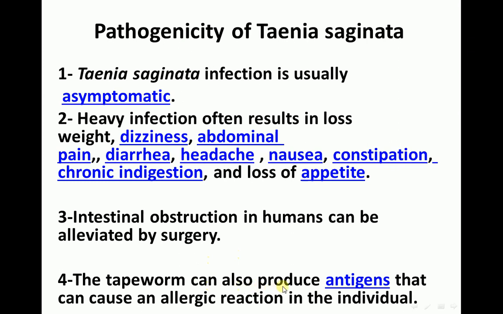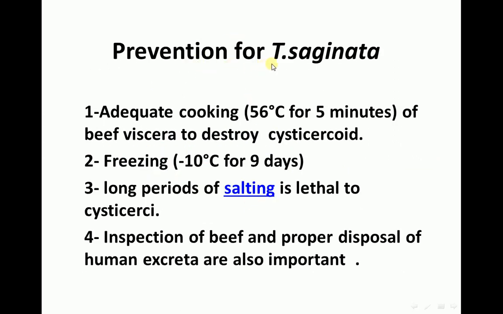Tapeworm can also produce antigens that can cause allergic reaction in the individual. Prevention for Taenia saginata: adequate cooking at 56 degrees Celsius for 5 minutes of beef viscera to destroy cysticercus, the larval stage, or freezing at -10 degrees Celsius for 9 days, or using long periods of salting, is lethal to cysticercus.